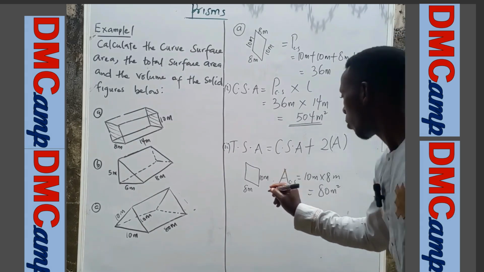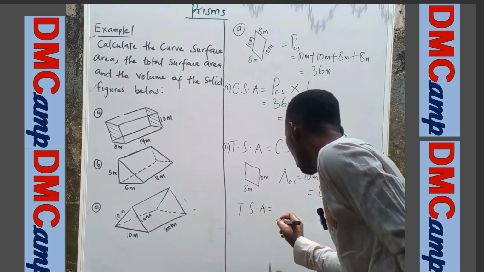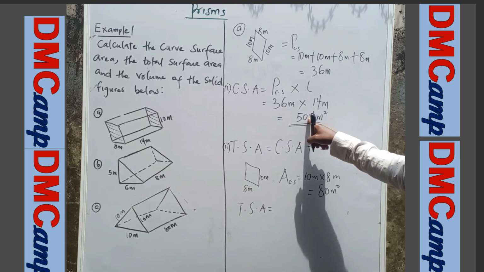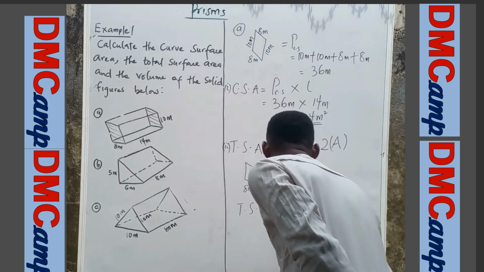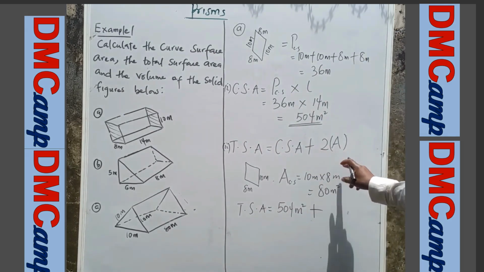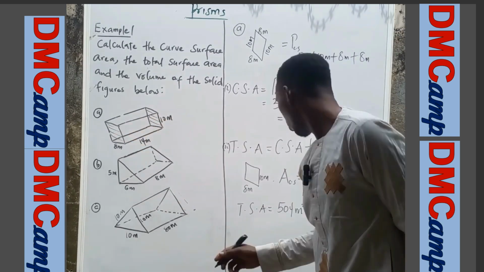Now, total surface area is equal to curved surface area. We've gotten that to be 504 meter square, plus the two areas, two of this, because you are having one here, you are having another one here.